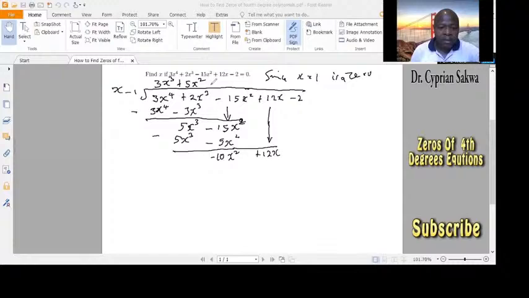Bring down 10x, minus 10x. So minus 10x times this will be minus 10x squared, and minus 10x times this will give us minus 10x.